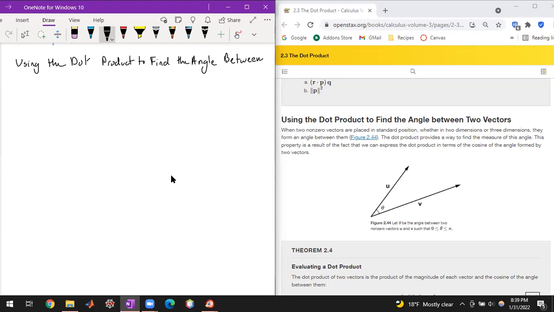Remember that standard position means that they have their initial point at the origin. When they have that angle between them, as we see in this figure, the dot product provides a way to find the measure of this angle.